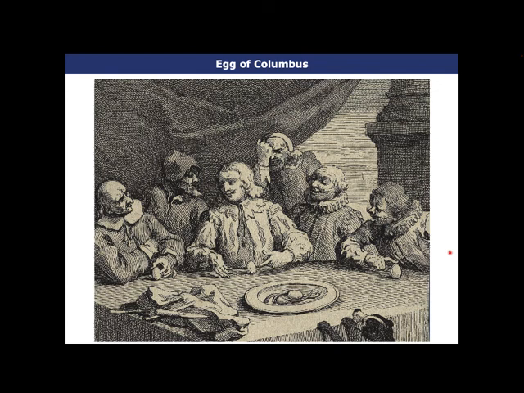I would like to say something about the egg of Columbus, because it's a very simple idea, right? Just by forcefully expressing transcription factors in the somatic cell, we can enable the transformation of somatic cells into pluripotent cells. Probably this simple idea is like Columbus's idea to go west: we may find a new continent.